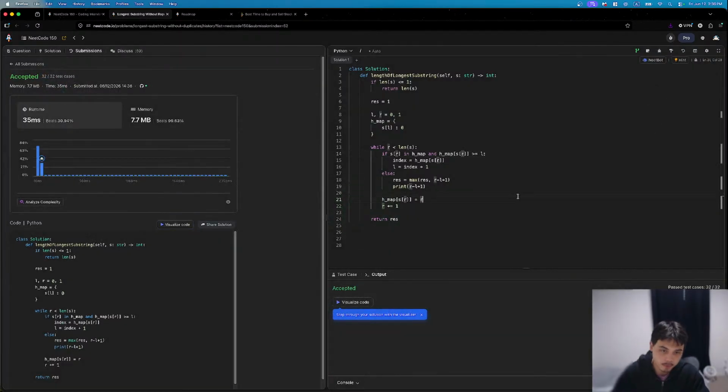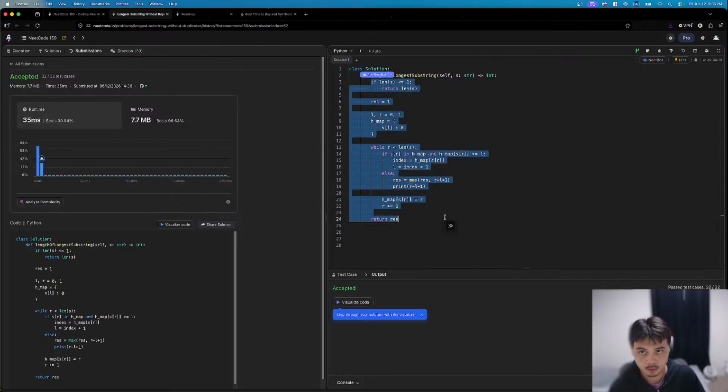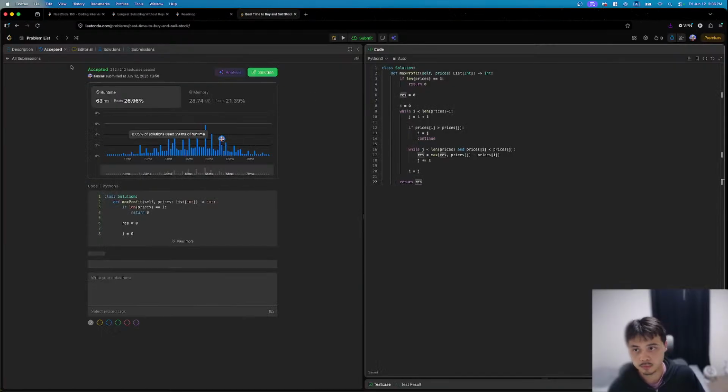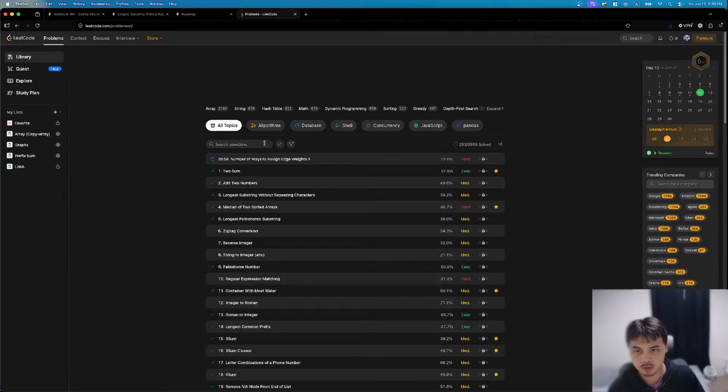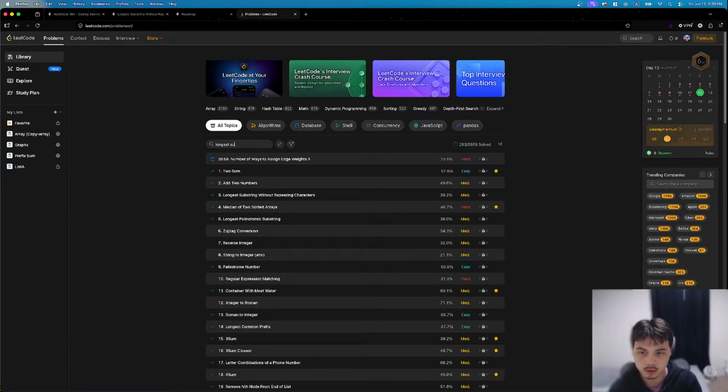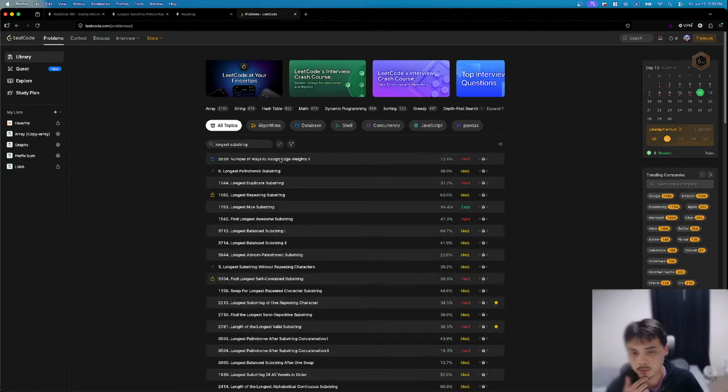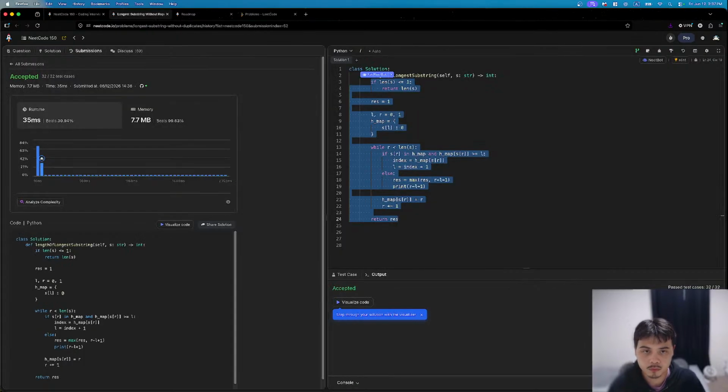All right, bet. Let's see how fast this runs on Neetcode. Longest substring. Wait, longest substring. Is a medium question?